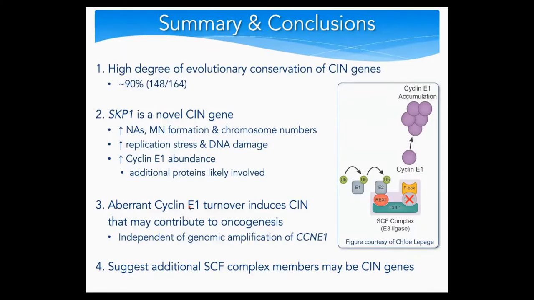So this is really exciting because it shows that these aren't changes that are occurring at the genome level, but rather are changes that are occurring at the protein level. So we believe aberrantly high levels of cyclin E1 may be a major contributor to the development and progression of high-grade serous ovarian cancers or perhaps other cancer types as well.